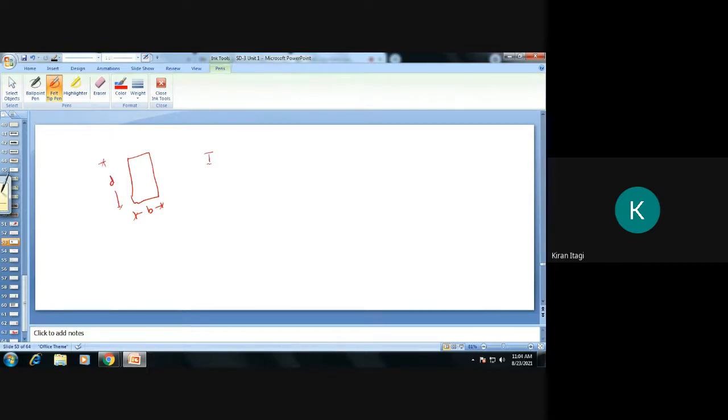What will be the moment of inertia? BD cube by 12. You know how to calculate these things. Next, Z, the section modulus, will be BD cube by 6. So you have to remember these things, or Z is given by I upon Y.